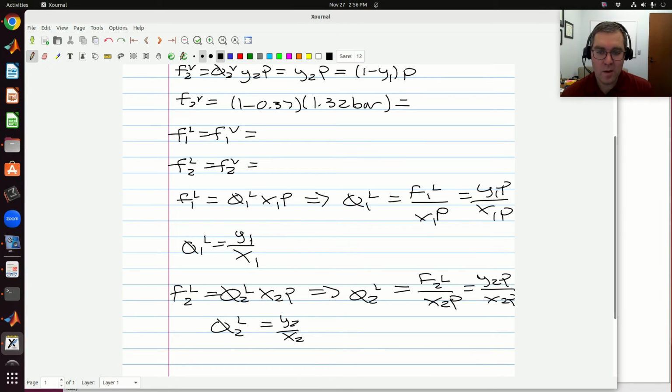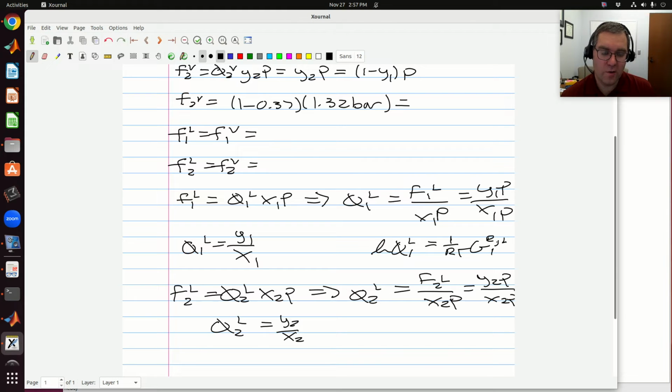But here, component 1 is my most volatile component, so y1 is greater than x1, so I'm going to get a phi that's greater than 1. So the fugacity coefficient of component 1 in my liquid is greater than 1. Now remember, my fugacity coefficient is related to my residual Gibbs free energy, right? Specifically, log phi of component 1 in my liquid is equal to 1 over RT times GR of component 1 in my liquid.